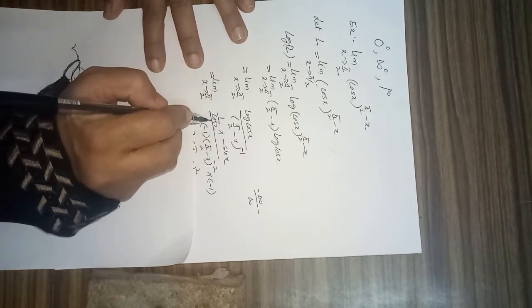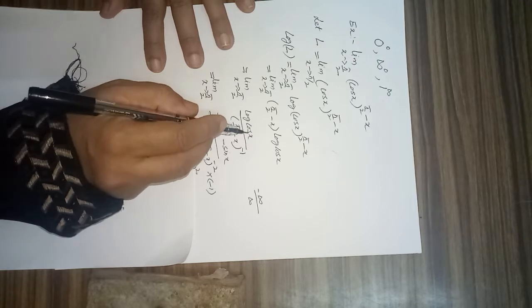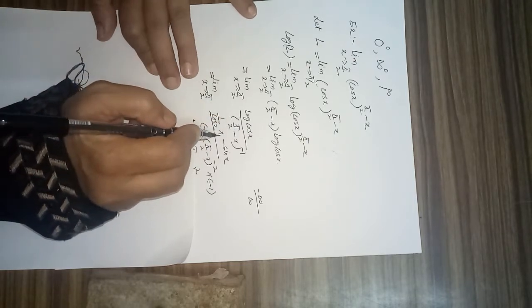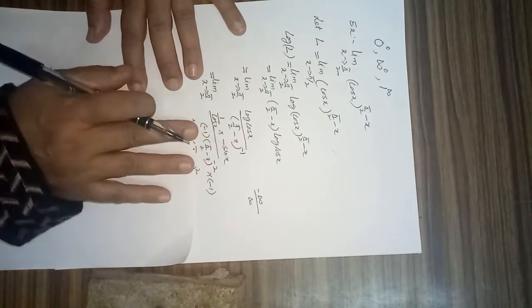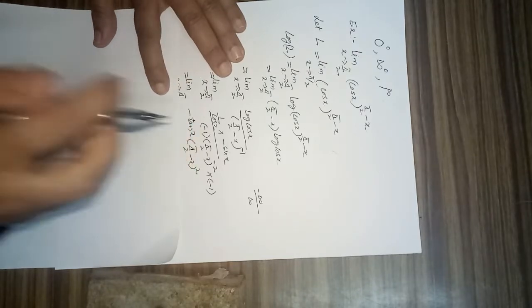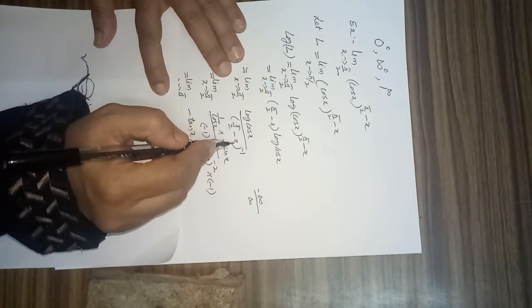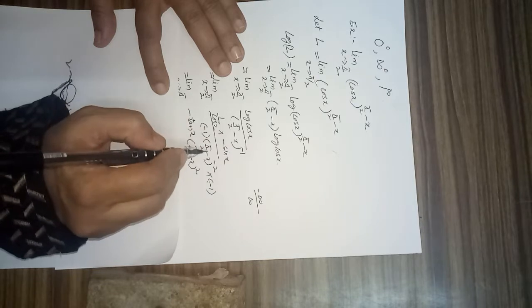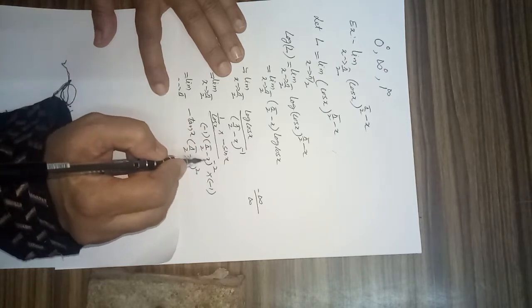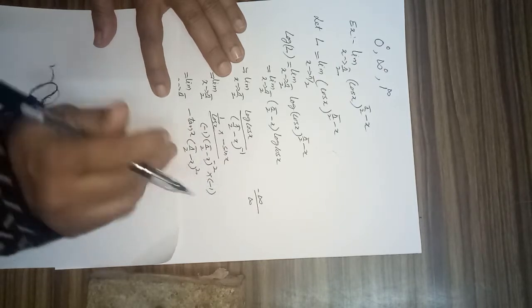So limit of 1 upon cos x, because the derivative of log cos x is 1 upon cos x, into the derivative of cos x, which is minus sin x, divided by the derivative of pi by 2 minus x raised to minus 1, which is minus 1 into pi by 2 minus x raised to minus 2, into its derivative, which is minus 1.